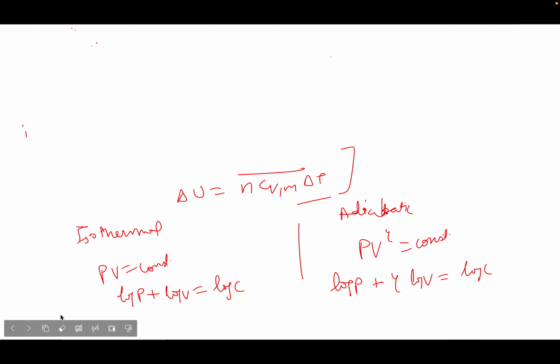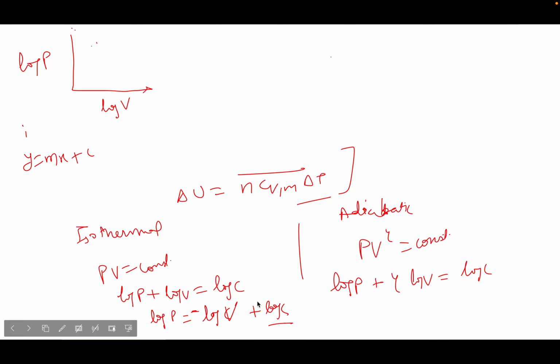If we plot log P on the y-axis and log V on the x-axis, then according to y is equal to mx plus c, this is log P is equal to minus of log V plus log C. So this is the intercept and this is the x-axis, so the slope is minus 1 only.